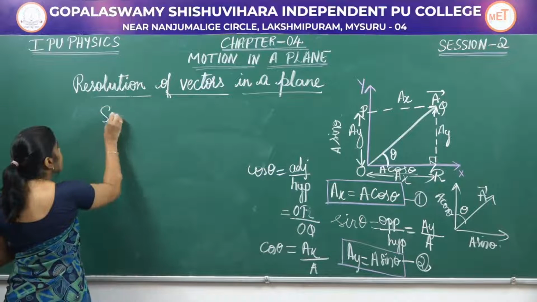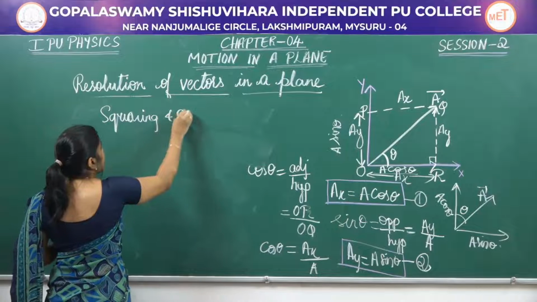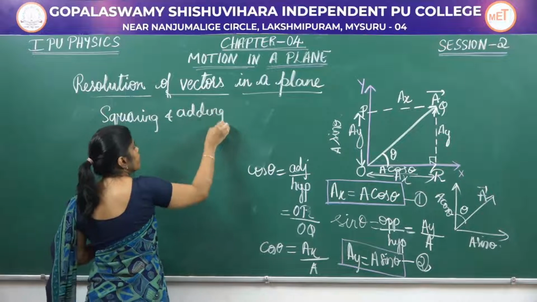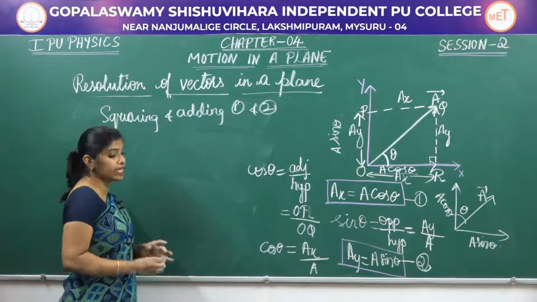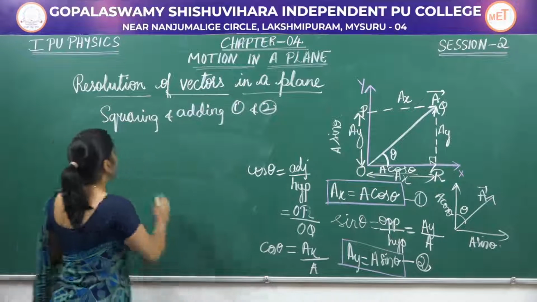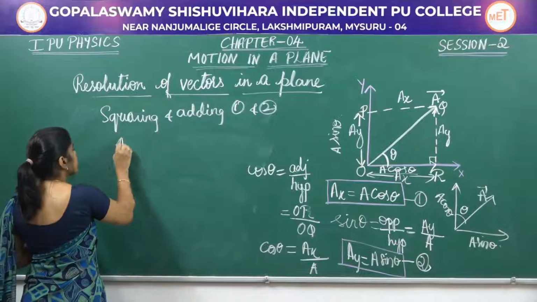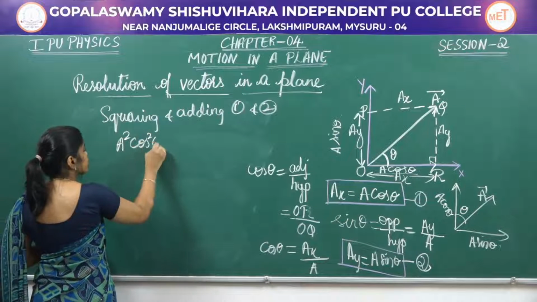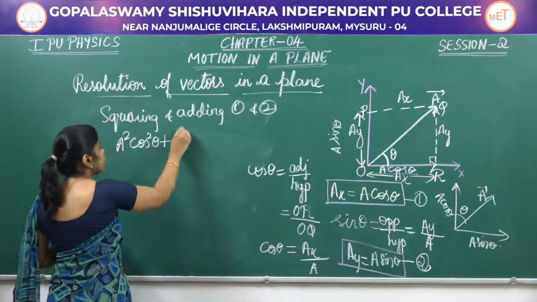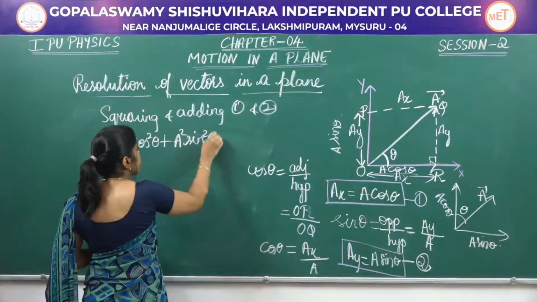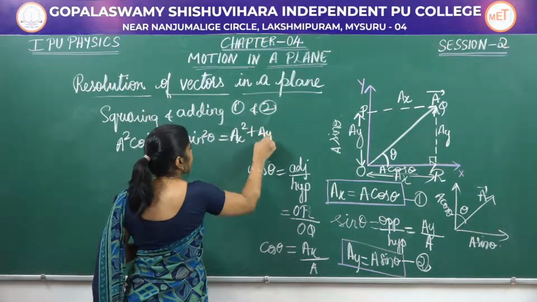Now let me square and add equations 1 and 2. What do I get if I square and add them? Squaring the first equation, I get A square cos square theta plus the second equation's RHS, A square sin square theta, is equal to AX square plus AY square.